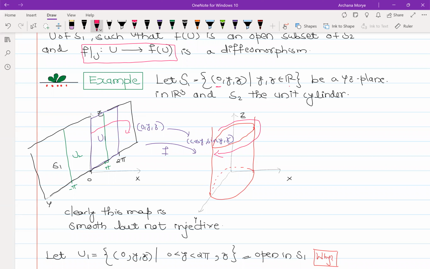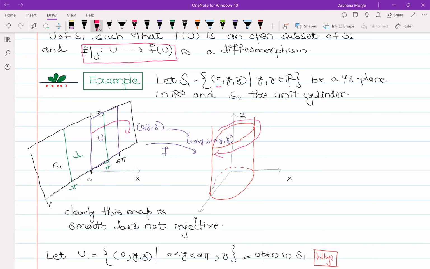Okay. Is this function a diffeomorphism? Is it a bijection? We are taking this plane and wrapping it around the cylinder. Is this going to be a bijection? It's not injective because we are wrapping it again and again. Right, exactly. So the injectivity will certainly be lost.